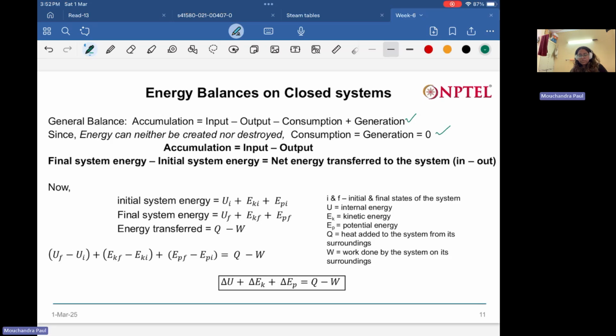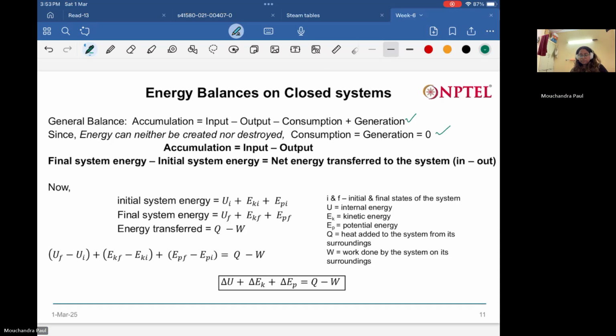So accumulation will be because of whatever energy is remaining in the system, meaning final system energy minus initial system energy. This will be the accumulated energy in the system. And input and output refer to the flow of energy in and out of the system, or net energy transferred to the system, input minus output.